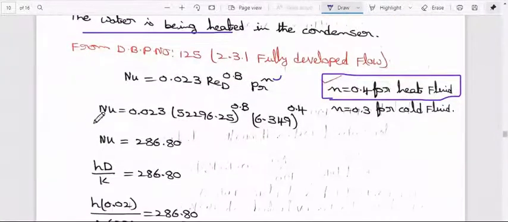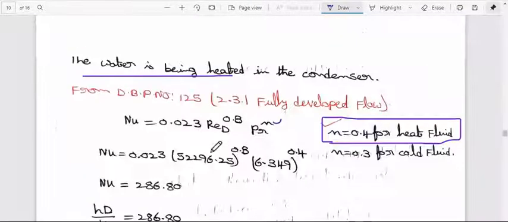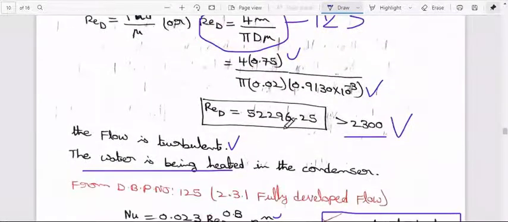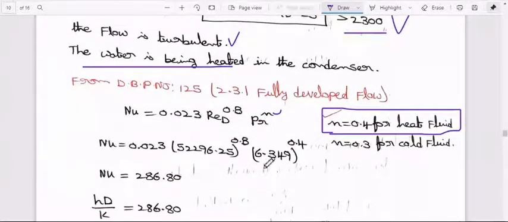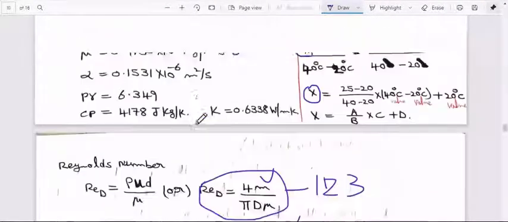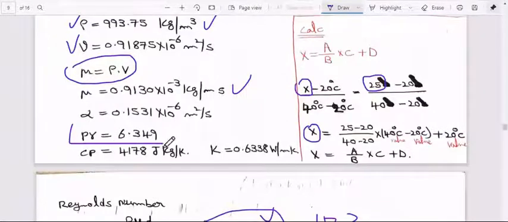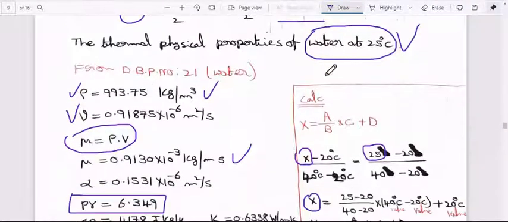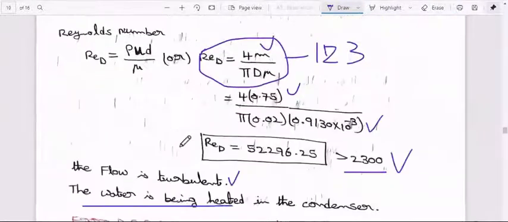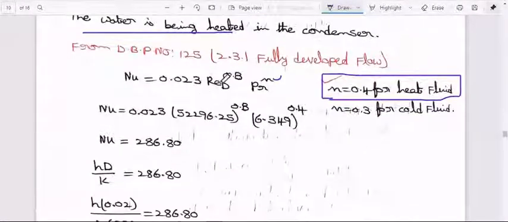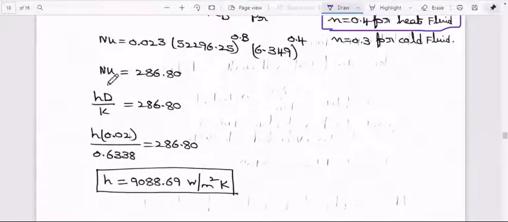The RED value we already calculated as 5229.6, and the Pr number value from the data book, from physical properties of water, Pr is equal to 6.349. That's why I'm substituting RED and Pr values in this equation.